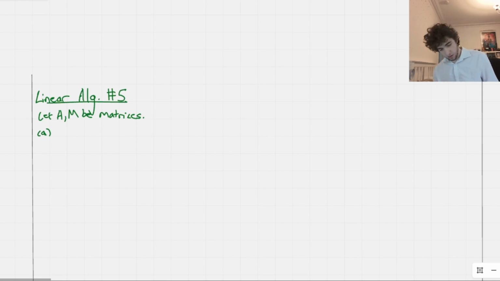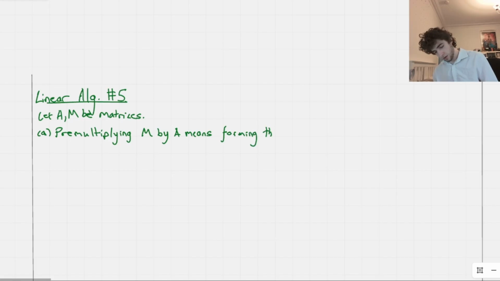We have two different terms for the two variations of multiplication. One of them is called pre-multiplication. Pre-multiplying M by A means forming the product AM.